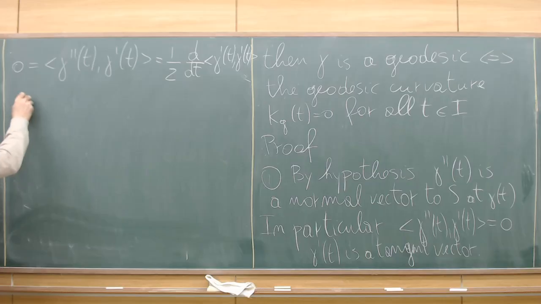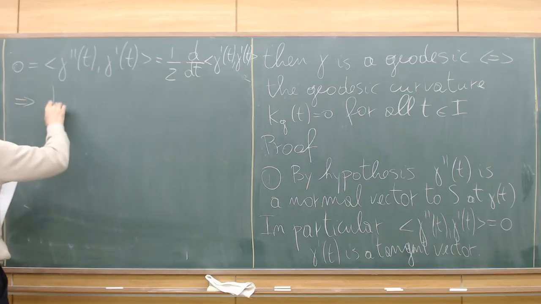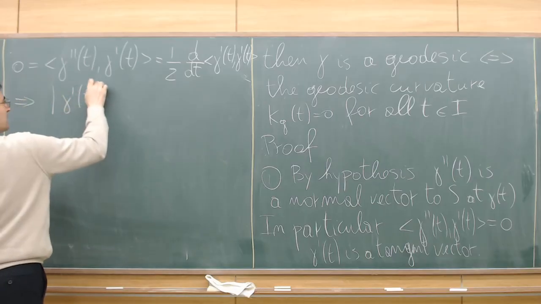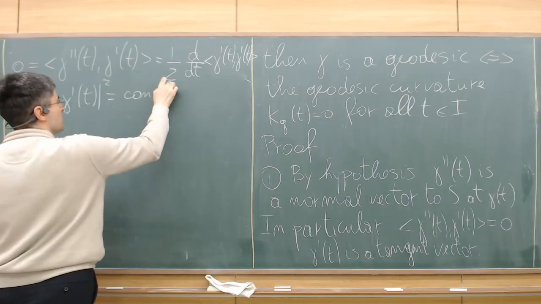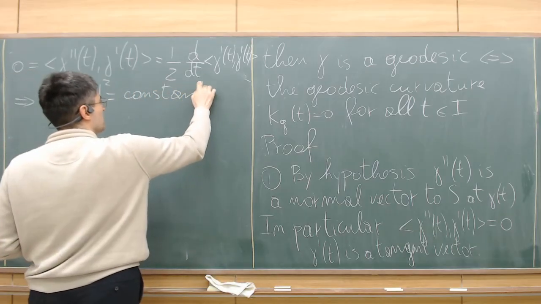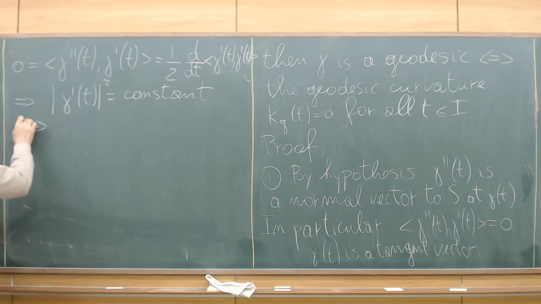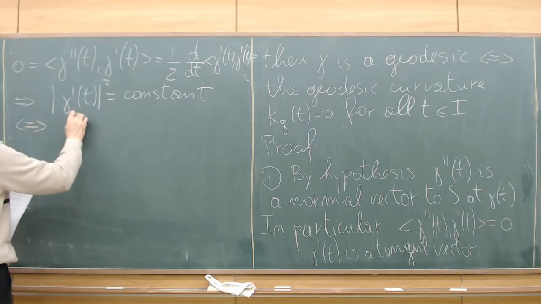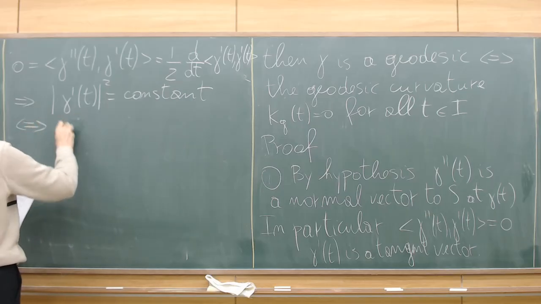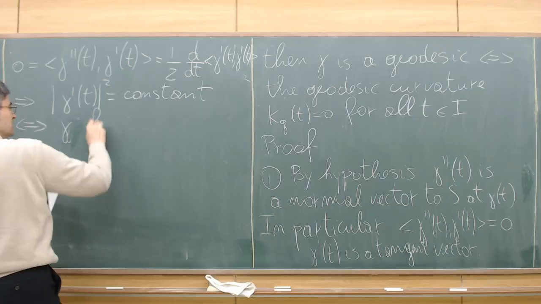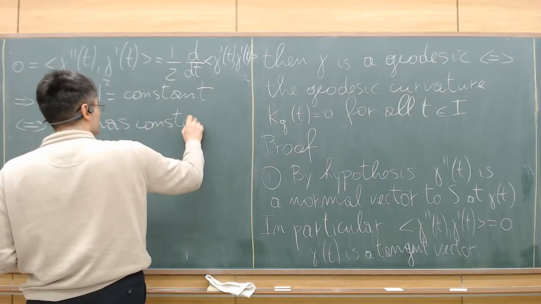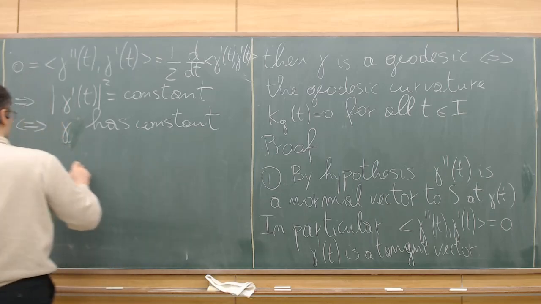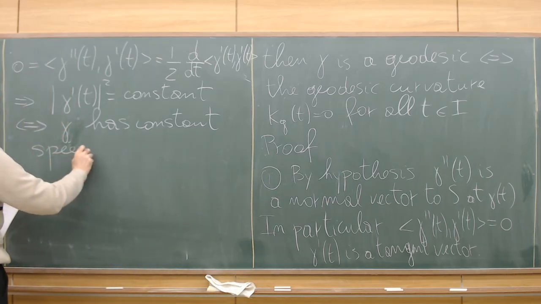This implies that the squared norm of gamma prime t is a constant, that is, gamma has a constant speed.